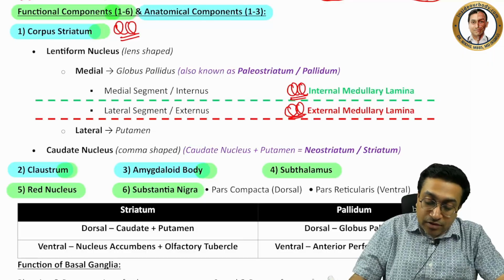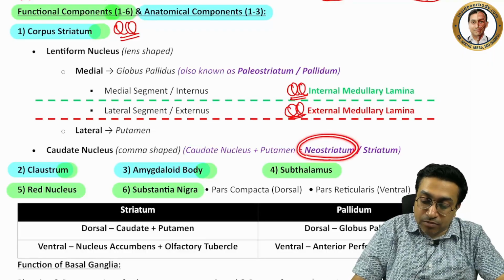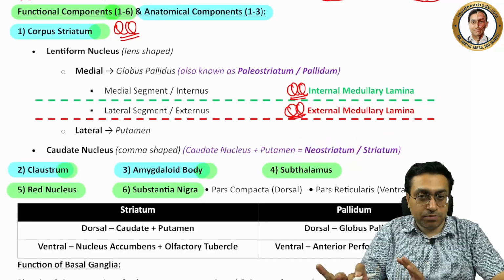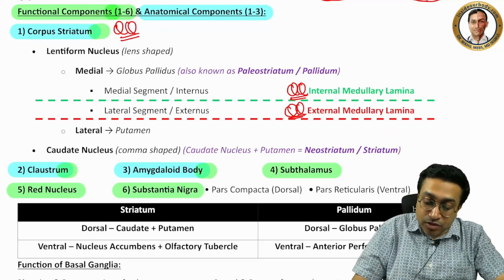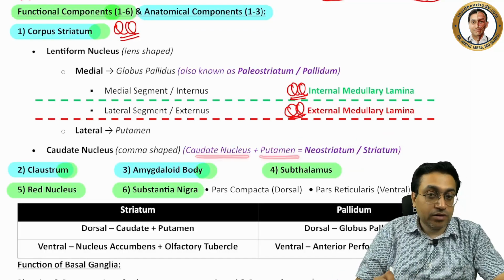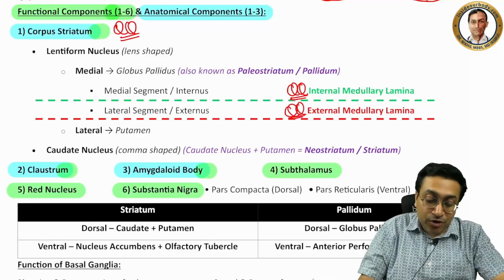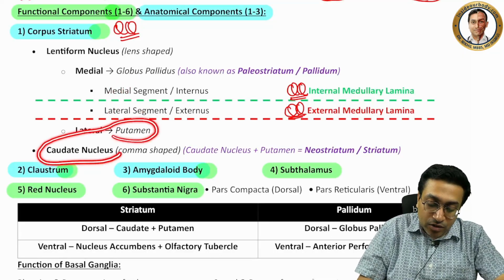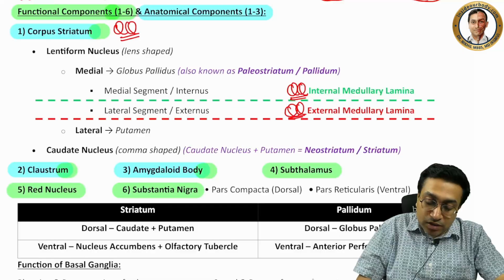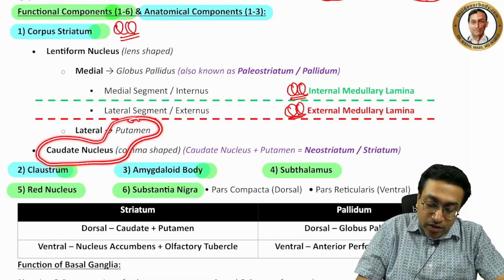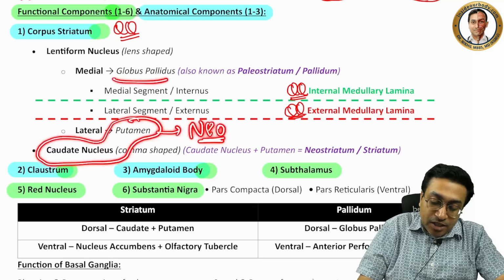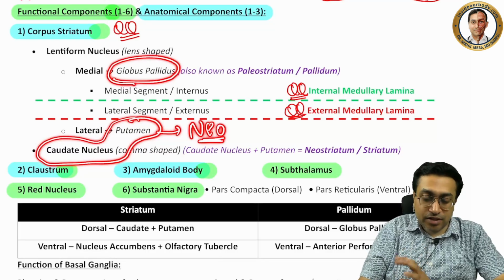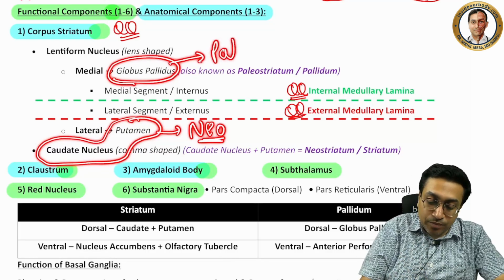Now there is a term which is known as neostriatum or also known as striatum simply. So that means caudate nucleus plus Putamen. So now see the twist. We are not talking about the GP, we are talking about the Putamen and the caudate. Okay, so these two together are known as neostriatum, and GP whole, internus and externus, is known as paleostriatum.